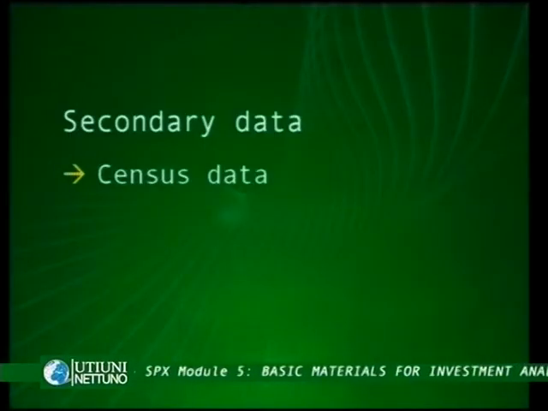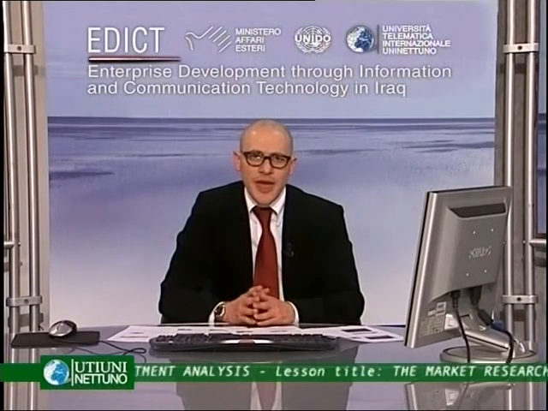Then we might have census data. If we target a specific area and the regulatory agency, like the government, is collecting census data, census itself could be a useful source of information.